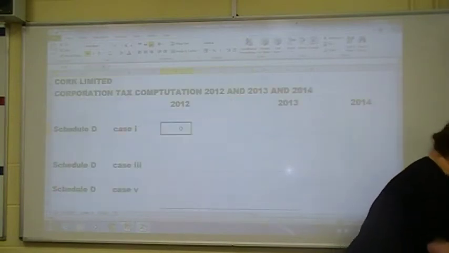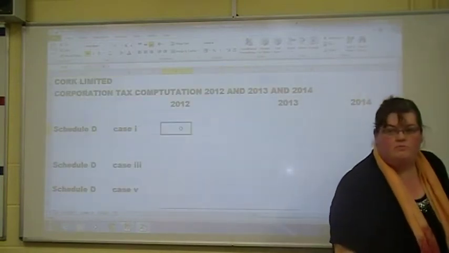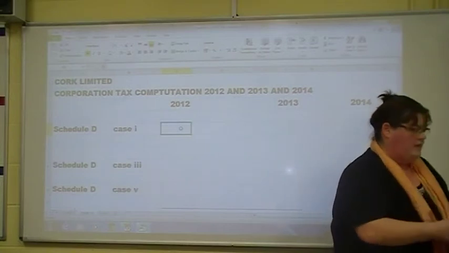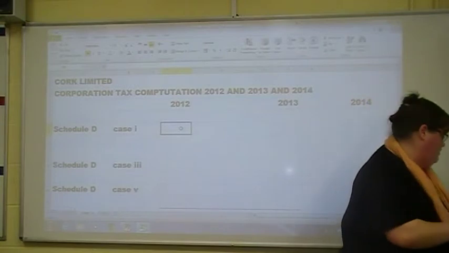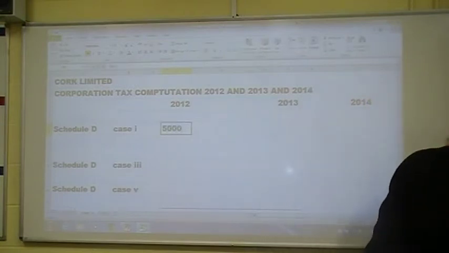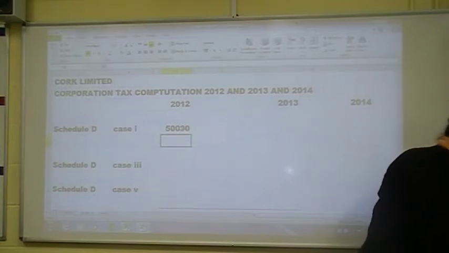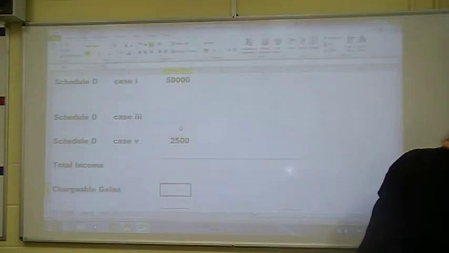Okay, and I always find the best thing is actually just put in all your information before you actually start, so you know what they all are inside in the years. So trading income for 2012, so our case 1 is 50,000. Irish rental income is case 5. And again, adjusted is our chargeable gain.